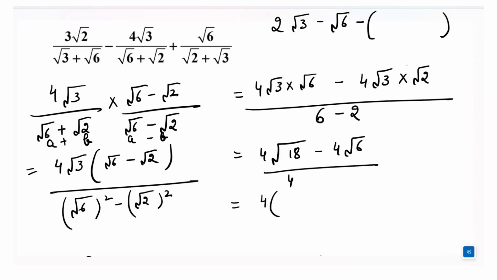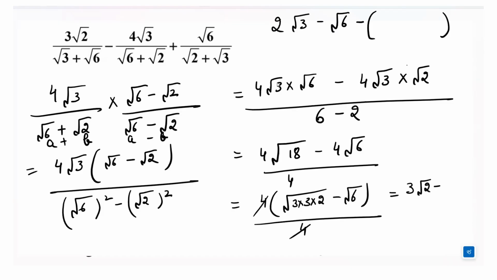We have to take 4 common and within the bracket it would be 3 into 3 into 2. We have to simplify if you are getting any number which is a bigger value under the square root, minus root 6 over 4. We can simplify it and finally we'll get here 3 root 2 minus root 6. Now this value we'll write here: 3 root 2 minus root 6 plus.